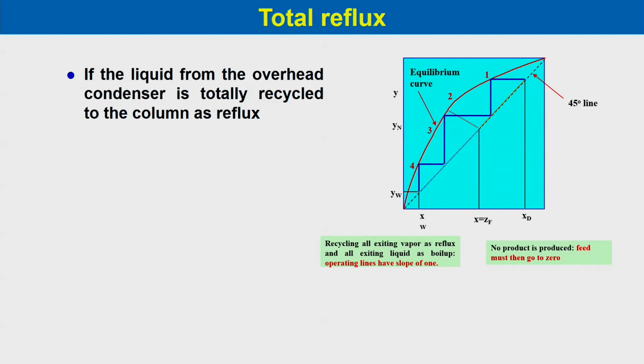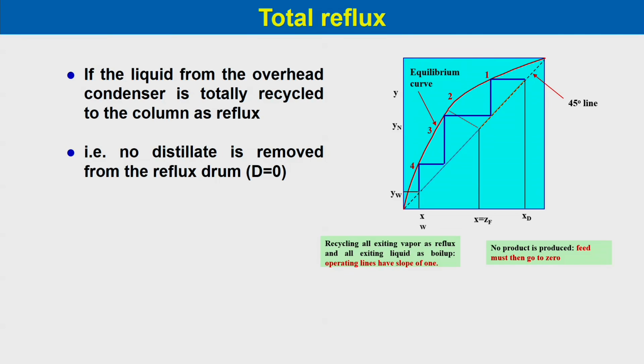If the liquid from the overhead condenser is totally recycled to the column as reflux, that is no distillate is removed from the reflux drum, that is D is equal to 0, then the column is said to run at total reflux.